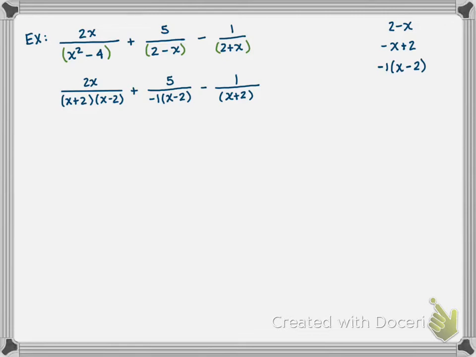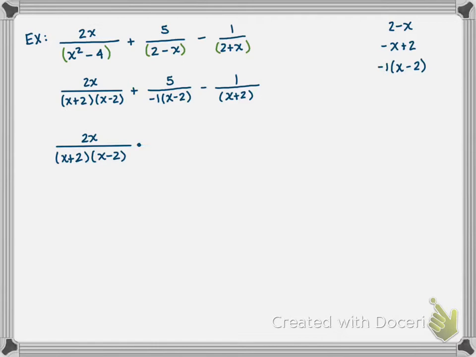So now we're going to get common denominators. So we're going to start by just setting it up. Just give yourself kind of something to work with. So 2x over x plus 2 times x minus 2. We're going to multiply that by something.